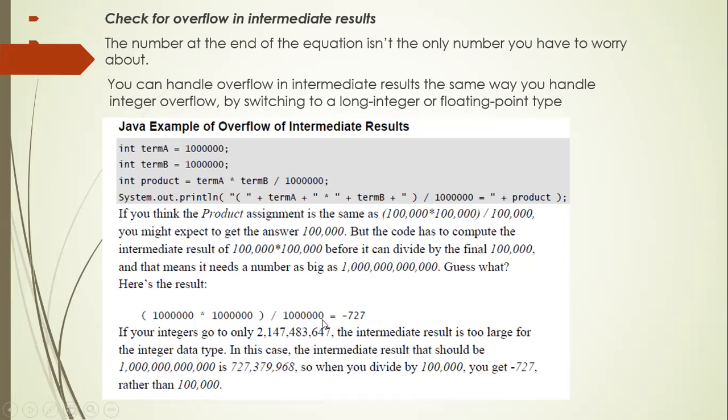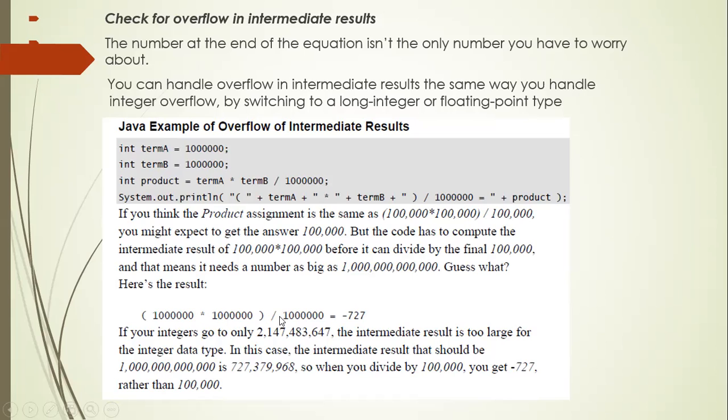Here it doesn't give the exact and correct value, because the multiplication of these two numbers is stored in a variable product that doesn't have enough range for the result. The product has a smaller range than the result of the multiplication.